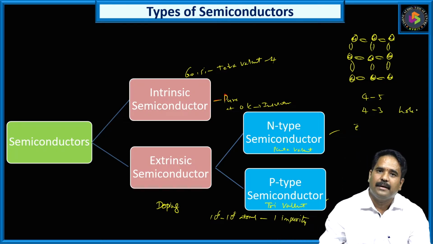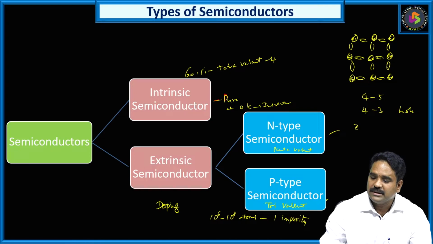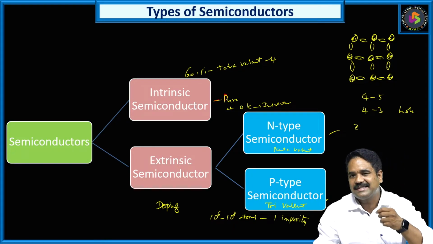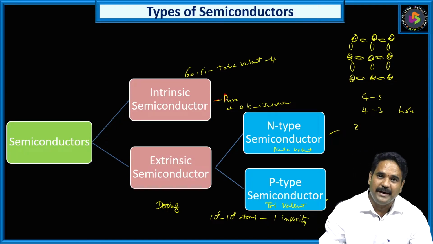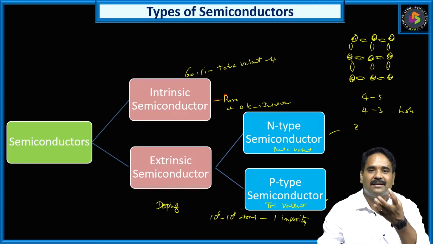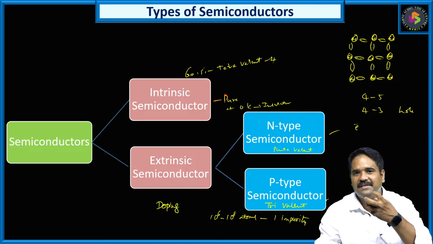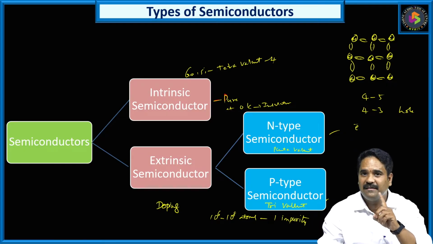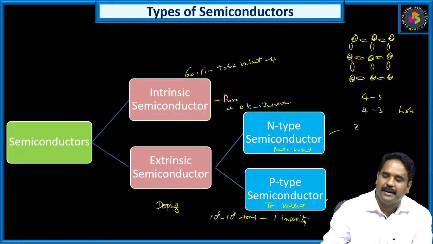So in a p-type semiconductor, holes are the majority charge carriers and electrons are the minority charge carriers. N-type semiconductors are known as electron donors: the semiconductor has excess electrons and can donate them readily. Whereas p-type semiconductors are known as electron acceptors: there is a deficiency of electron, so it is ready to accept electrons. Both are very important for forming a p-n junction.